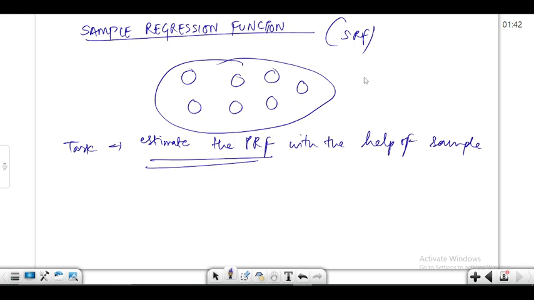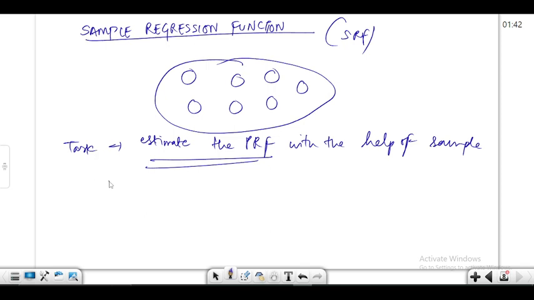We try to fit this sample regression line in the data in a way that it best represents the population regression line. The problem is that we'll never know the population regression line because we never have the data for the entire population. So we can at best try to estimate it in the best possible way. Estimation is in our hands. How can we make this estimation better and better? By taking multiple samples.